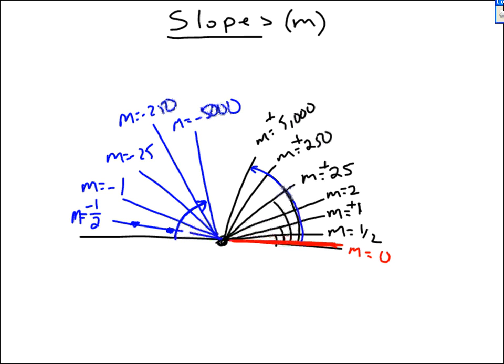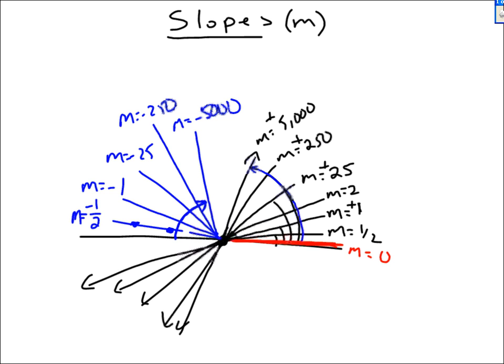So the slope measures the direction in a way, positive and negative, and how steep the line is. Of course, each and every one of these lines continues on forever. Each and every line that I drew goes in both directions forever.